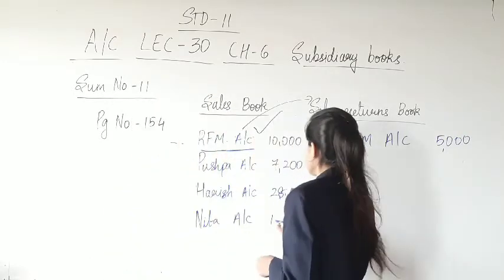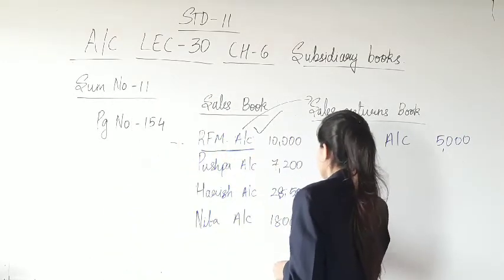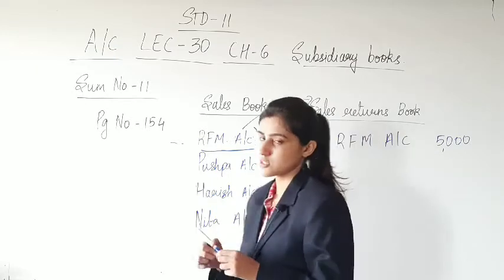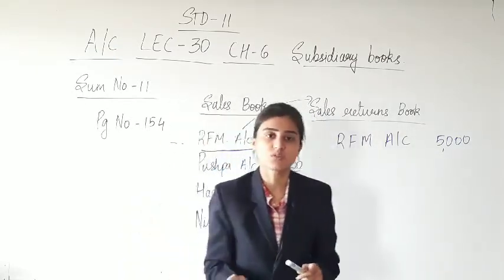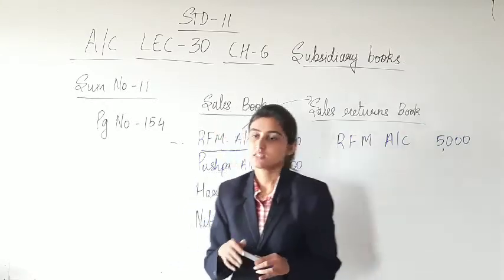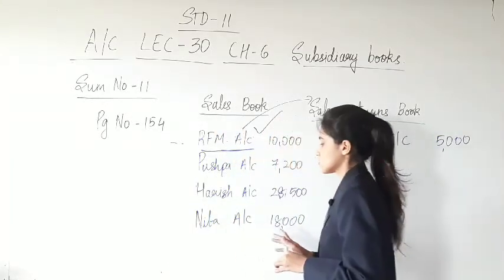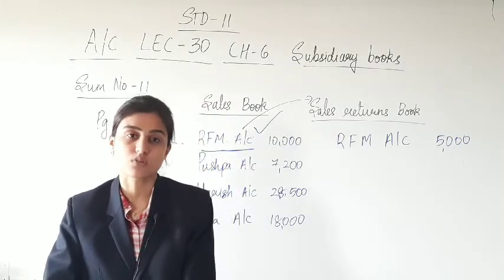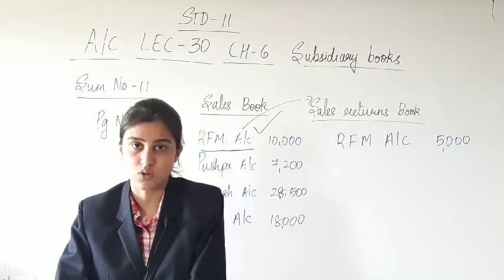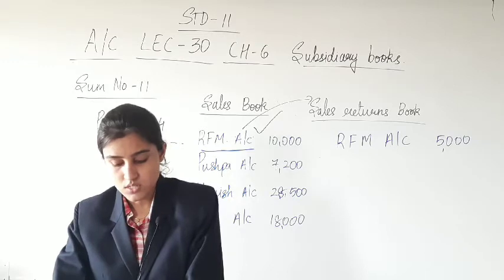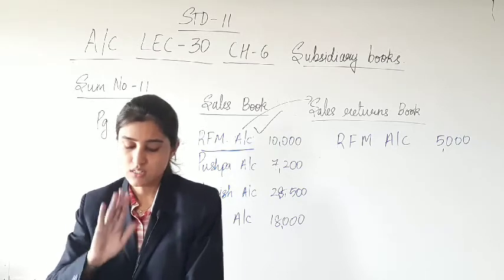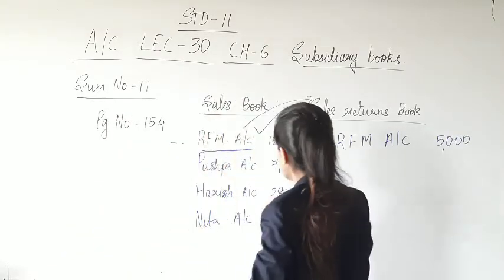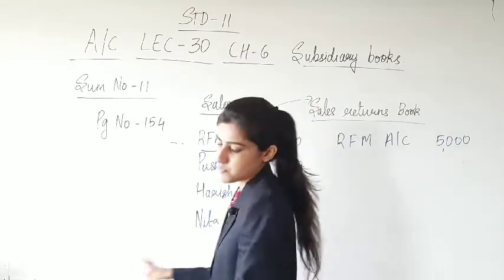So the net amount is 18,000 with no doubt. 10% of 20,000 is 2,000. 20,000 minus 2,000 is 18,000. And cash discount is not to be recorded in subsidiary books. We never calculate cash discount. So we have not considered cash discount here, and just the net price of goods after calculating trade discount is written here.